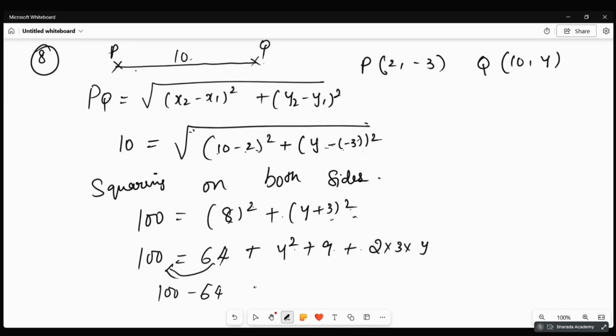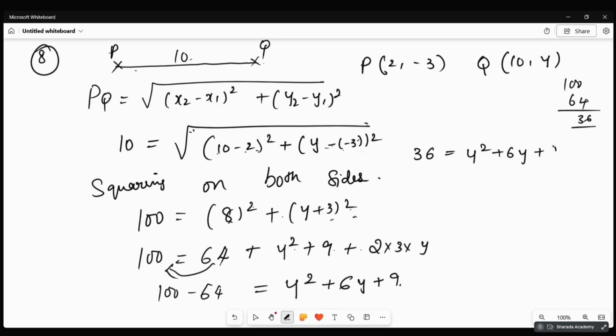So 100 minus 64 is equal to y square plus 6y plus 9. How much will you get? 100 minus 64, it is 36. So 36 is equal to y square plus 6y plus 9. If I shift 36 to the other side, y square plus 6y plus 9 minus 36 is equal to 0.